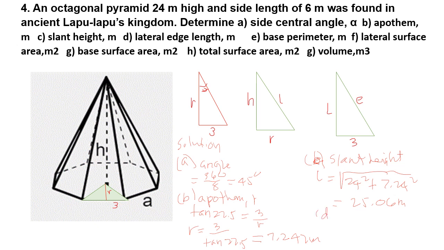For letter D, lateral edge length equals the square root of 3 squared plus 25.06 squared. So that is equivalent to 25.25 meters.